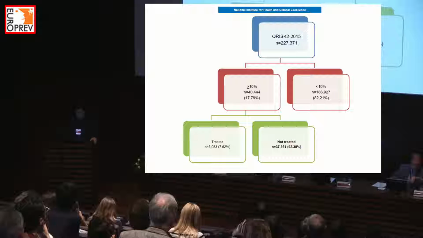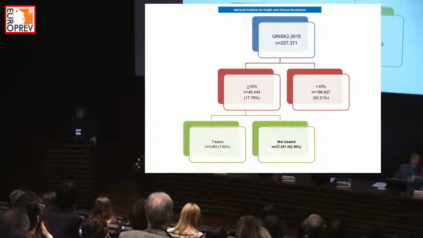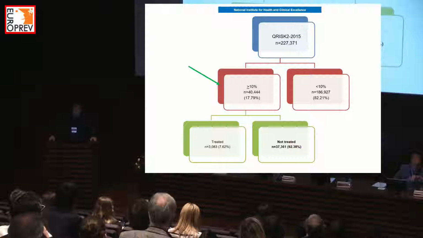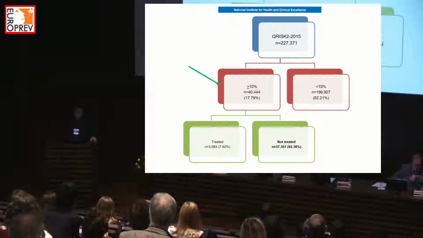And if we look at NICE, according to its recommendation, those individuals with a risk equal or higher than 10% were about 18% of the population.